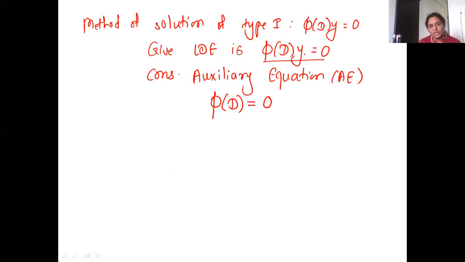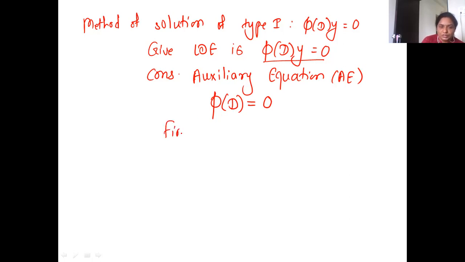What you have to do is just drop the y and write the remaining part equal to 0. So it is phi(D) equal to 0. That is called the auxiliary equation.